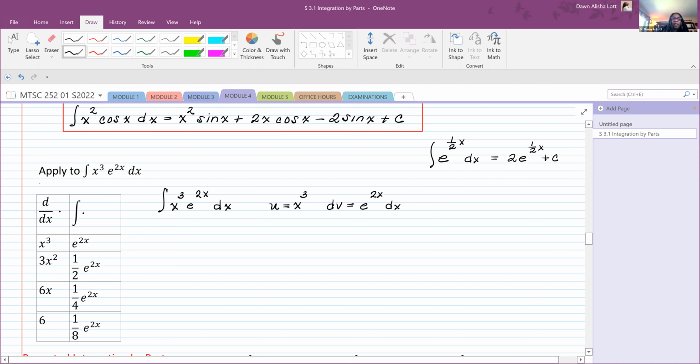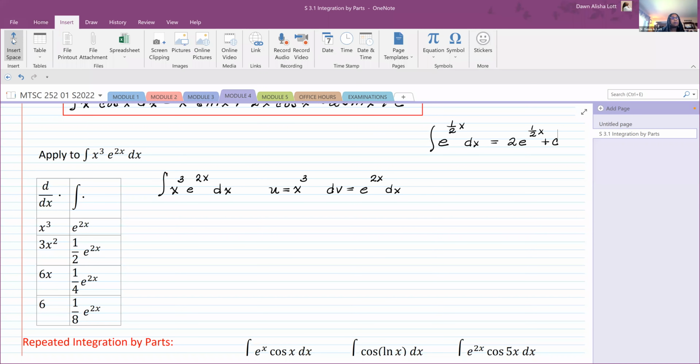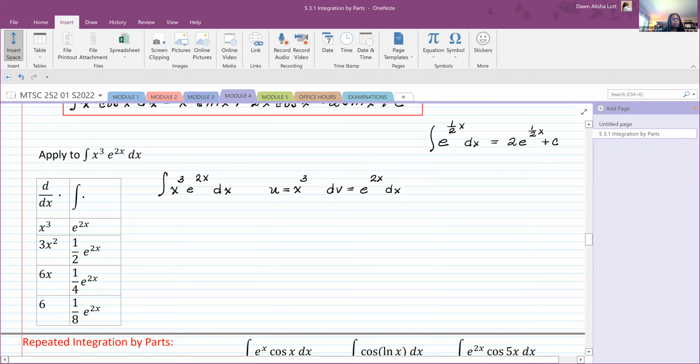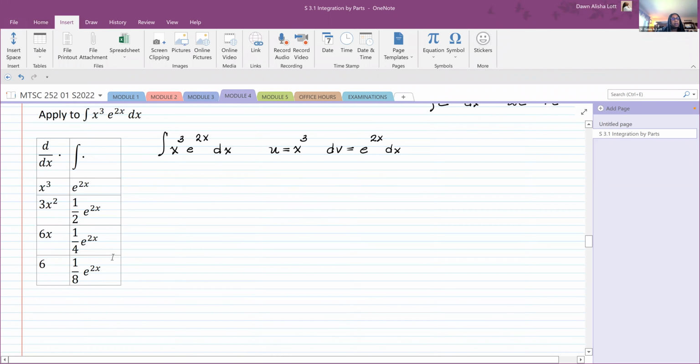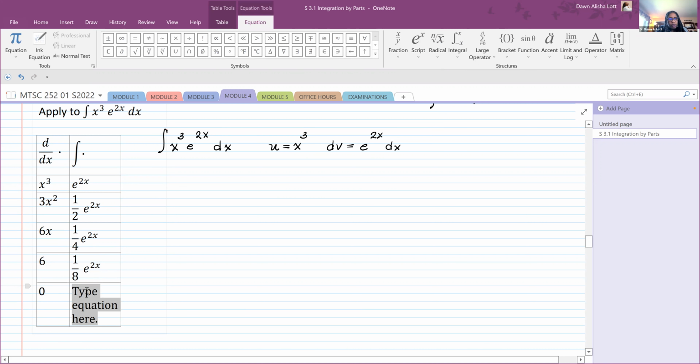So over here, I have e to the 2x, and every time I divide by 2. My derivatives go x cubed, 3x squared, 6x, 6, and then I forgot to put the last one, 0. Oh, yes, I do need the last one.